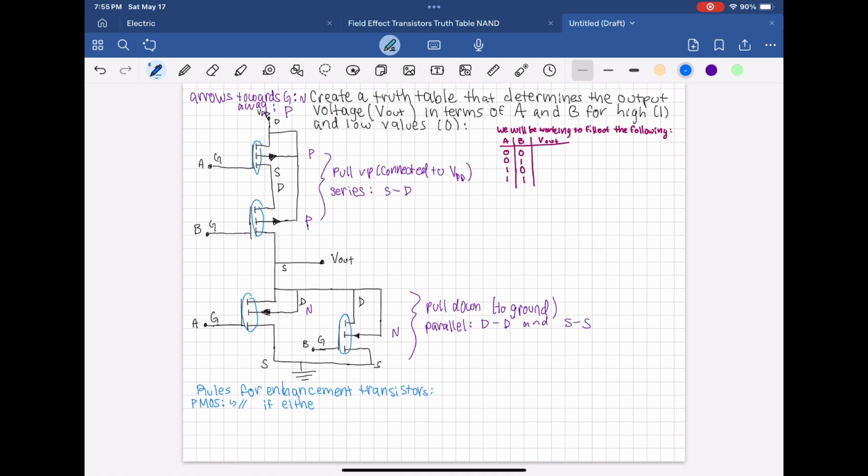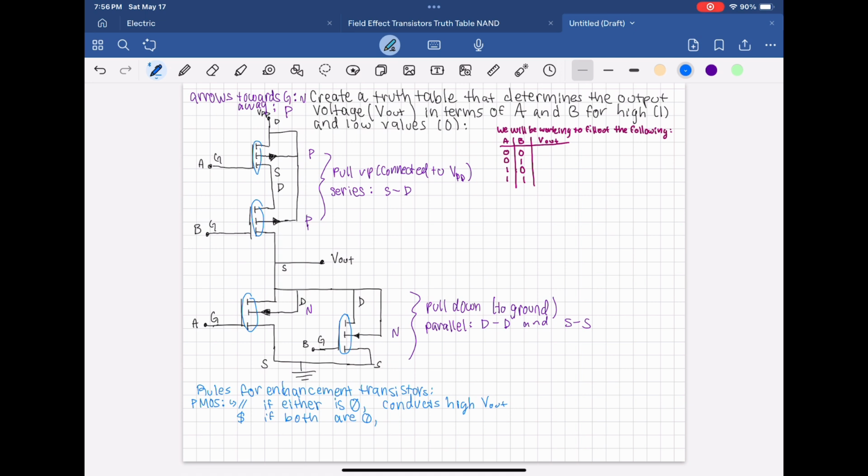So in our case, we know that, and I think it's pronounced pMOS. Anyways, for pMOS in parallel, which is not our case, but one we definitely need to consider in case anyone has variations on this kind of problem, if either A or B is 0, as in an OR, we can assume it's going to be pulled up and that Vout is going to be 1.